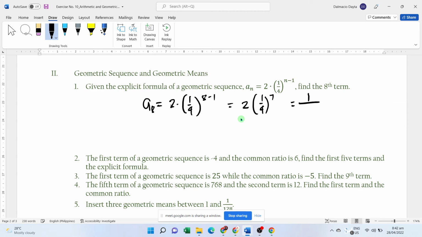1 over 8,000. Again, 192 po. 8,192. Let's see. Wait lang.